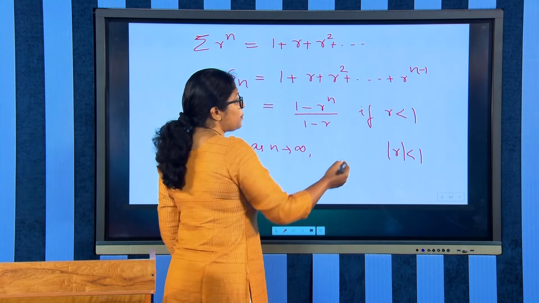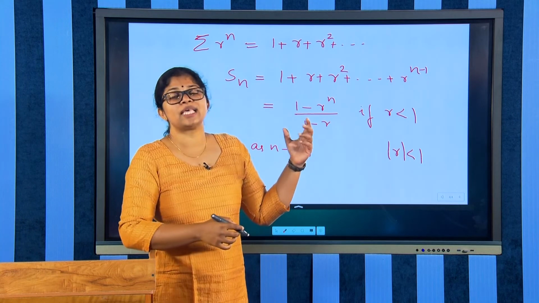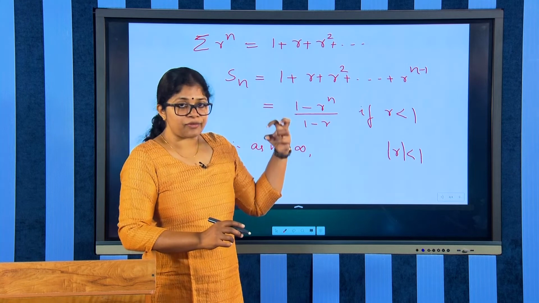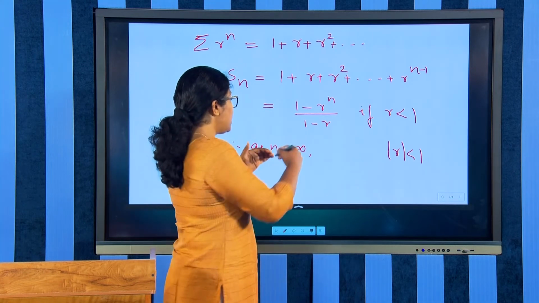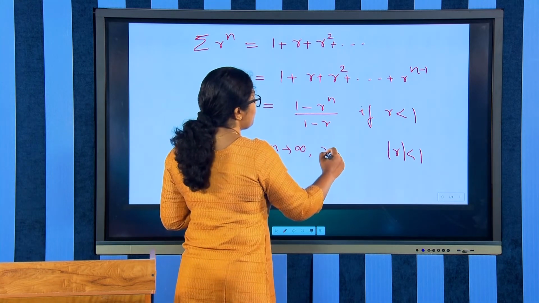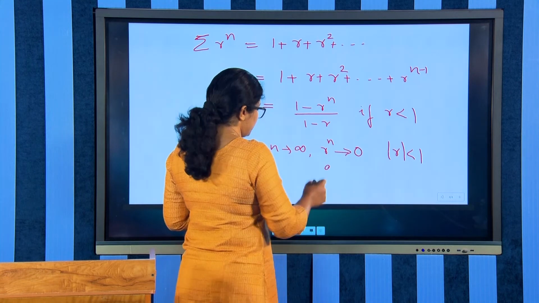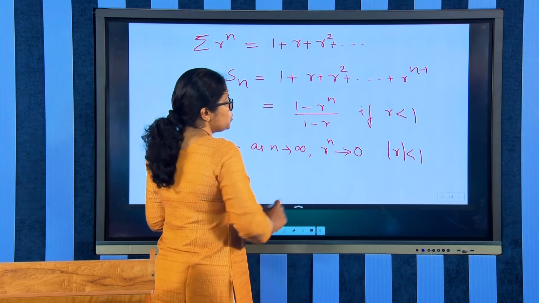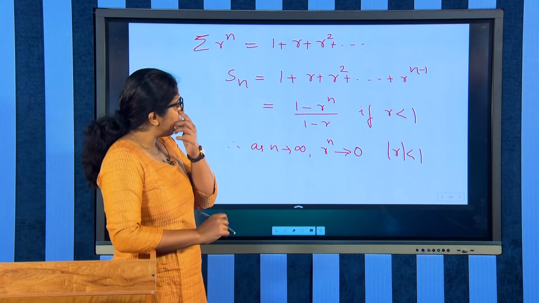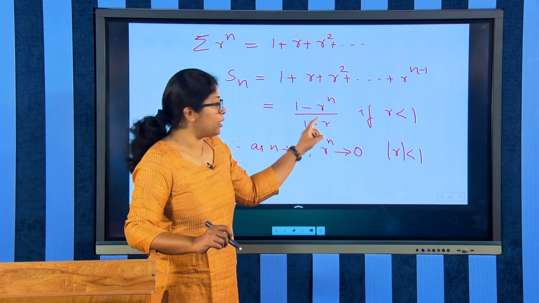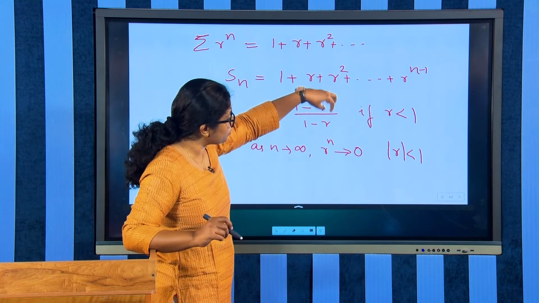Any positive number which is less than 1 is a fraction, and so if we have a fraction, r power n goes to 0 as n tends to infinity.